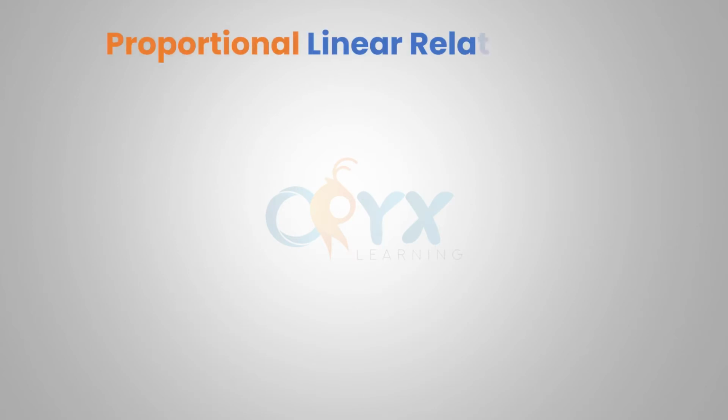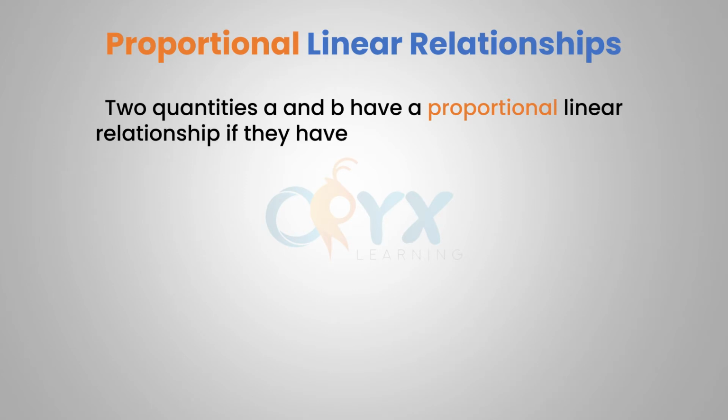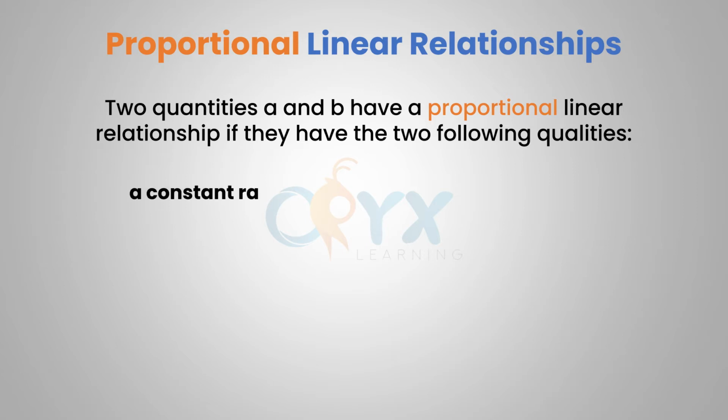A proportional linear relationship is a special type of linear relationship. Two quantities A and B have a proportional linear relationship if they have the two following qualities. First, they must have a constant ratio, B over A, which makes it proportional.